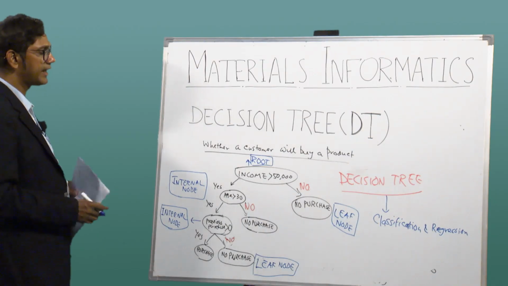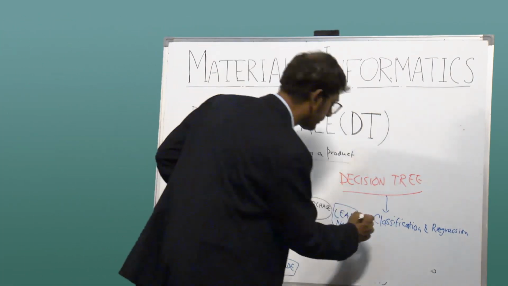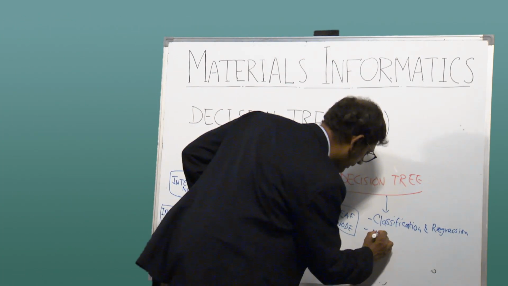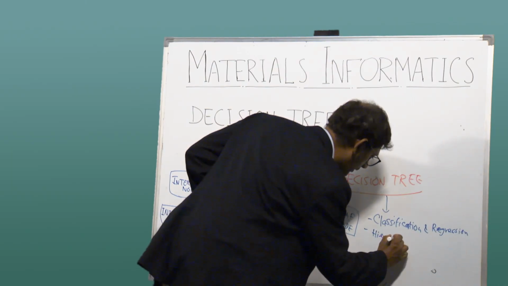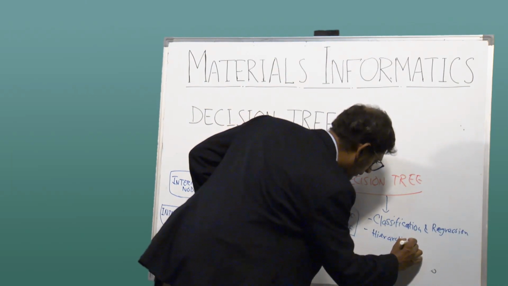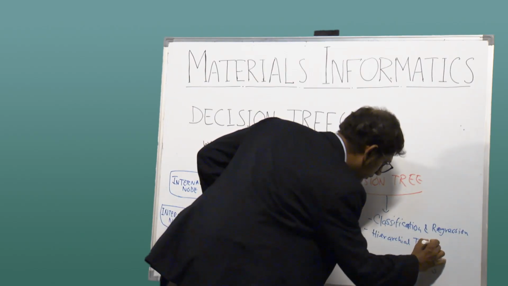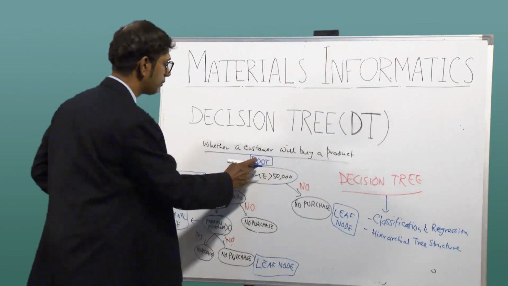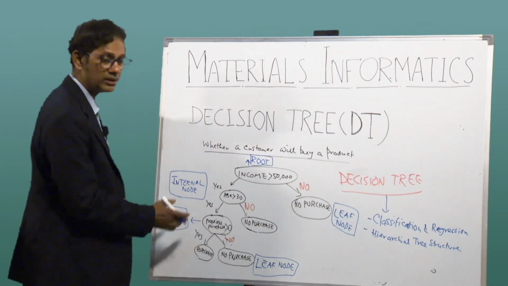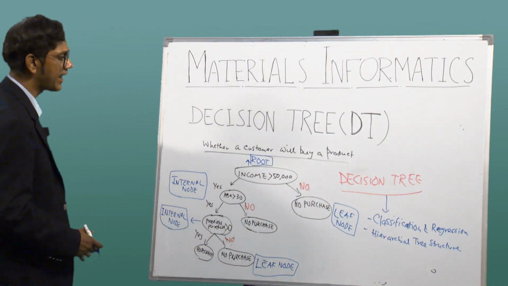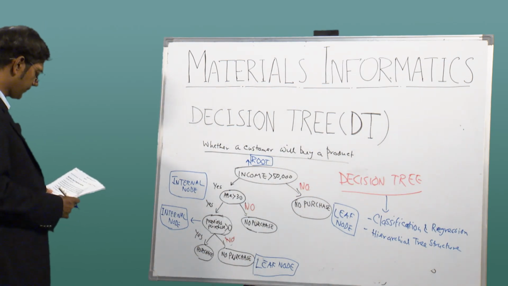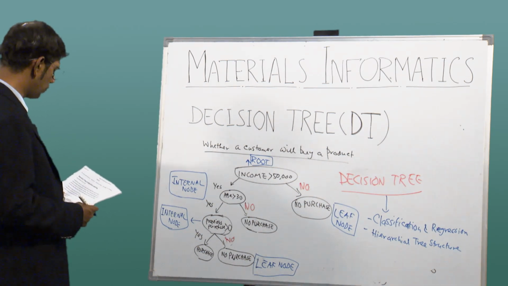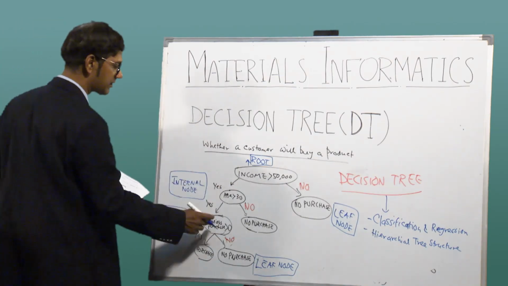So, it is a hierarchical tree structure. Second aspect is it's a hierarchical tree structure. You can clearly see that it is a tree like structure, hierarchy from root to the leaf node, that is a hierarchy. So, that is why it is called hierarchical tree like structure, and it has a root node, it has branches.